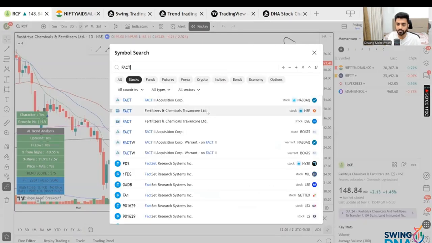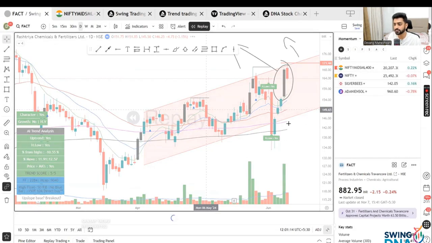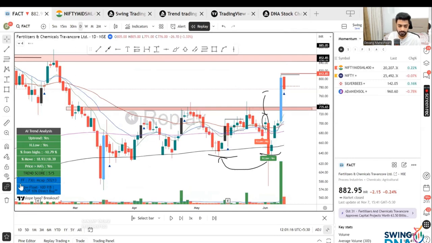How is the float up here? This is presence of mind again. This is again presence of mind. This 730 crore. It's a low float. Low float big bar is no problem.